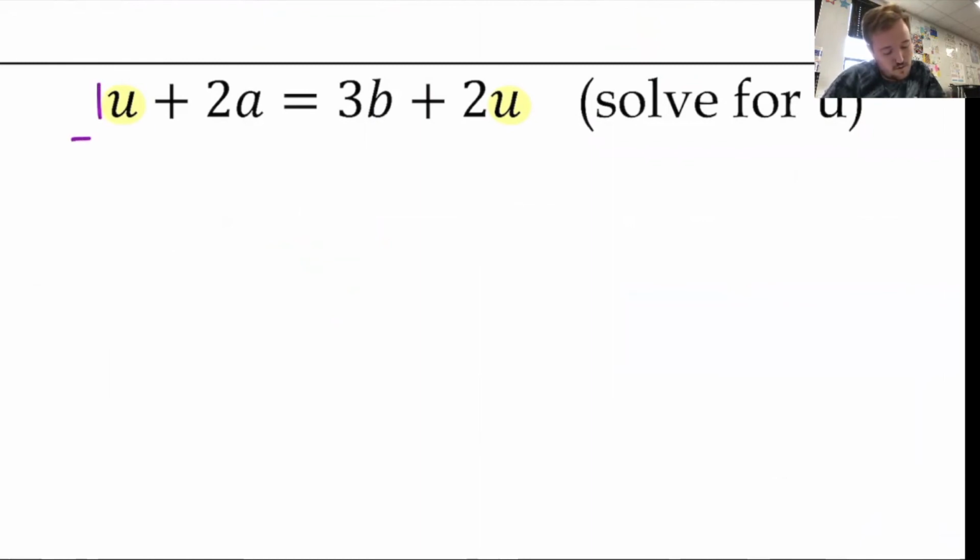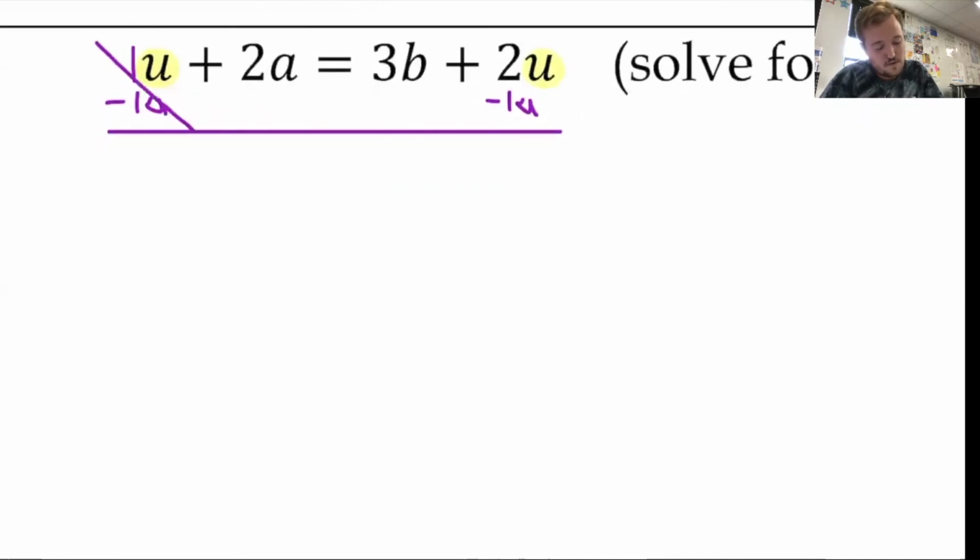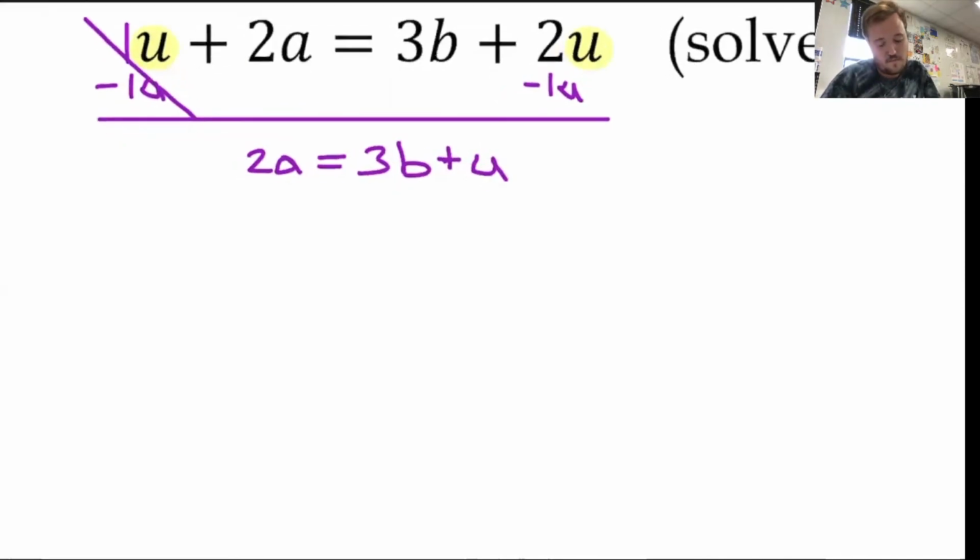So I'm going to subtract the u's on both sides, or at least one u. So these u's are gone. So you have 2a equals 3b plus just one u. You don't have to write the 1. So I only have that u that I need to have by itself.